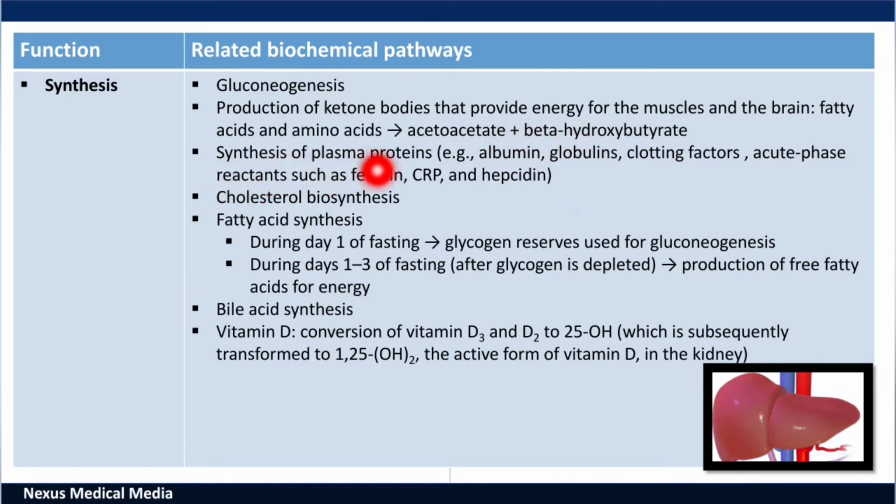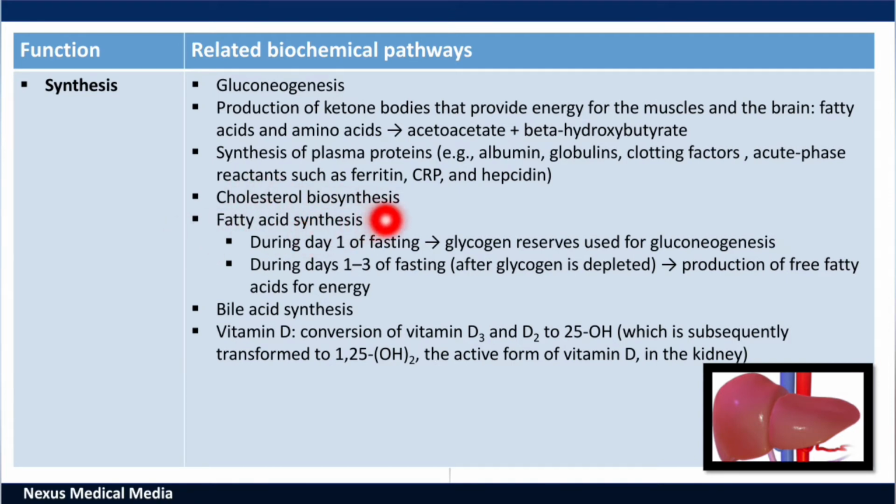Synthesis of plasma proteins. Which plasma proteins? Albumin, globulins, clotting factors, acute phase reactants such as ferritin, CRP, and hepcidin. This one, CRP, is C-reactive protein. Cholesterol biosynthesis, as I mentioned previously, that synthesis of cholesterol takes place in the liver.